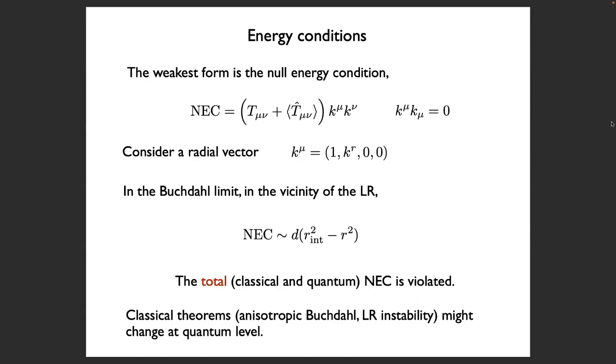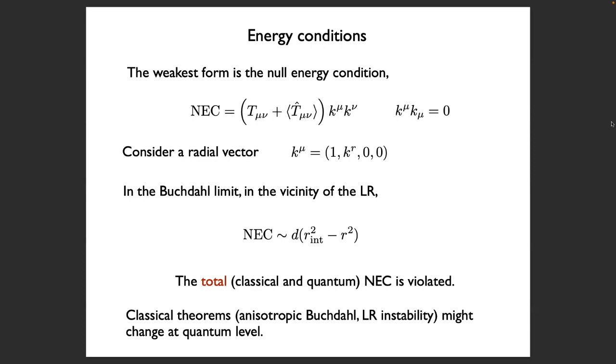And you can prove that in the Buchdahl limit, the null energy condition changes sign precisely at the light ring. Which again makes perfect sense because the light ring is the region where the quantum fields have most of their support. That's where the waves are being trapped, close to the center of the star. So that gives you an indication of where quantum effects become most important.